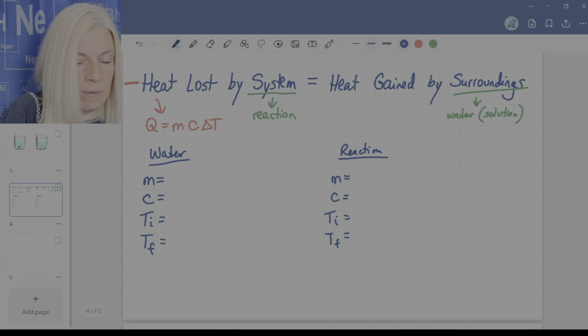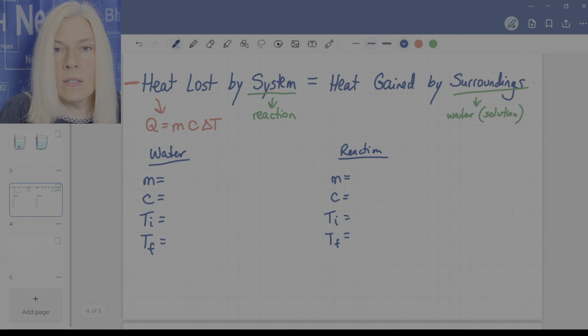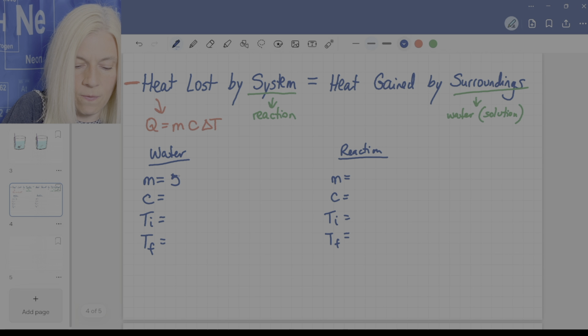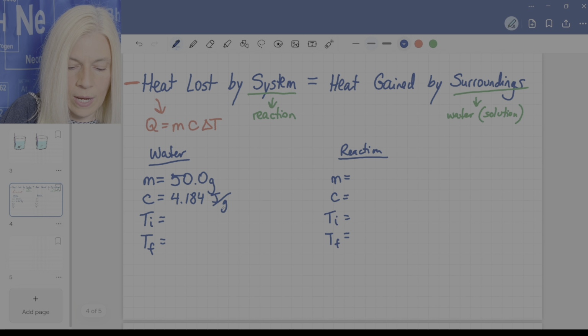Well, we said we have 50 mL. Remember the density, yes, we're going to use 1 gram per mL. So the mass of my water or solution, we will say 50.0 grams, right? Specific heat, 4.184 joules per gram per degree C. What was my initial? Well, it was 22.5 degrees C. And what's my final?